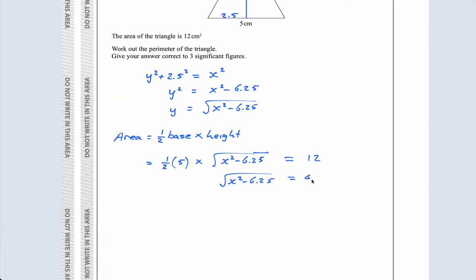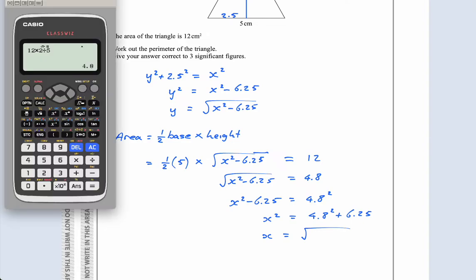Square both sides: x squared minus 6.25 equals 4.8 squared. So x squared equals 4.8 squared plus 6.25, and then x is equal to the square root of that.